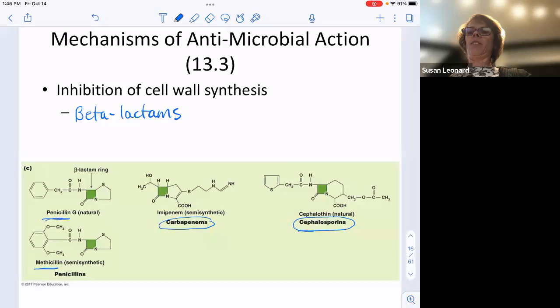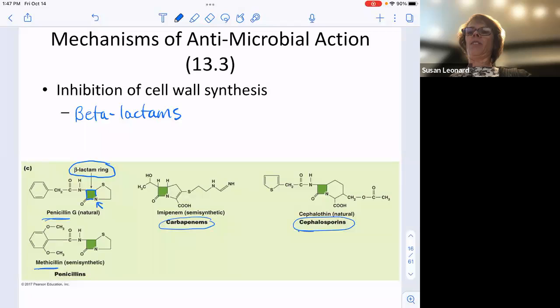But all these drugs have in common this beta-lactam ring. If you're interested in the chemistry, why do we call them beta-lactams? This ring is a cyclic amide, and it's beta-lactam because it's the beta spot that has that nitrogen right there.